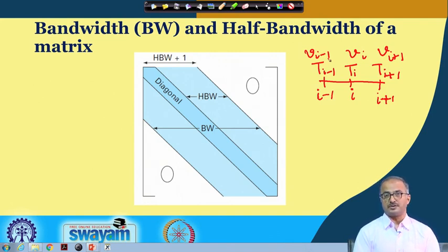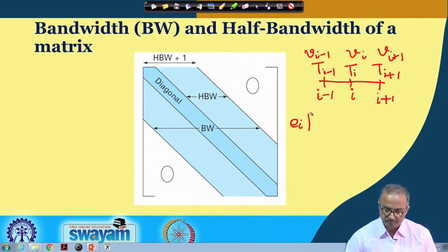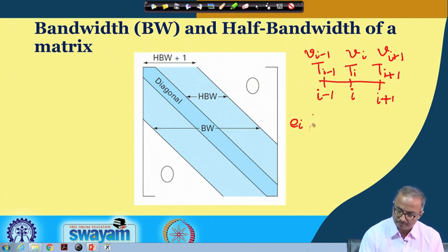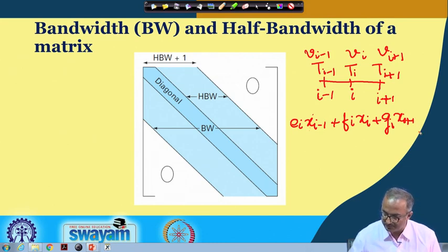So when you set up this kind of equations in transport phenomena, you find that you get an equation which will look something like this: Ei xi minus 1 plus Fi xi plus Gi xi plus 1 is equal to some Ri.